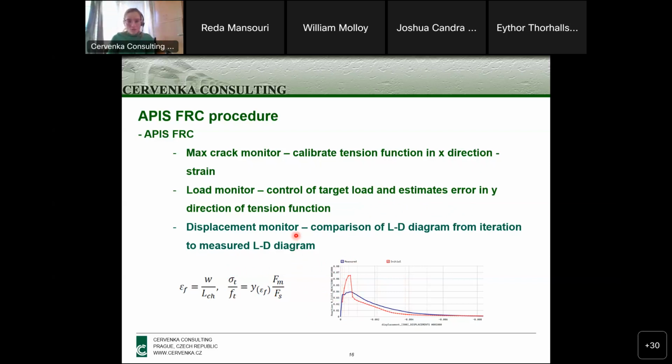The last monitor that is necessary is the displacement monitor, and it's for the comparison of the LD diagram that you get from the simulation to the LD diagram that you have from the experiment.